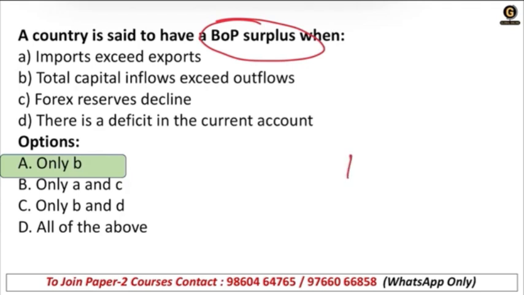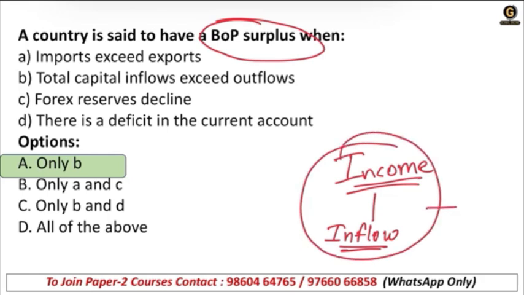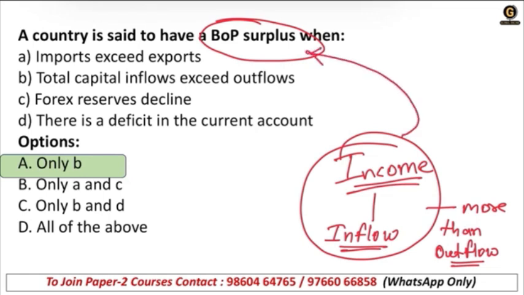Understand? When your income, that means your inflow, is more than outflow, then we'll call it a BOP surplus. Clear?